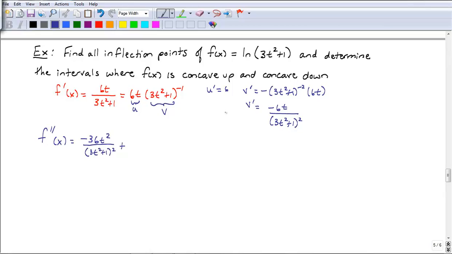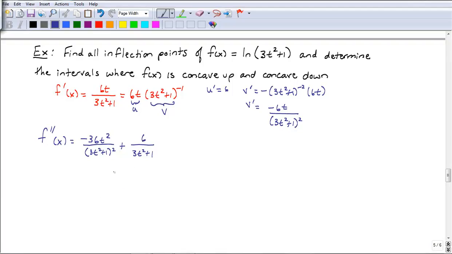Plus vu prime. V is 3t squared plus 1 in the denominator. That's v. And u prime is 6.